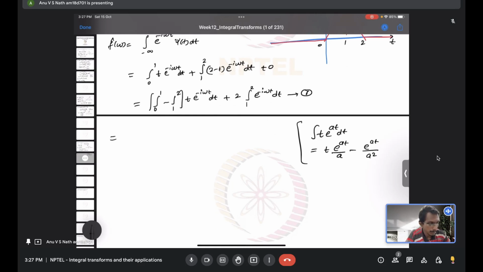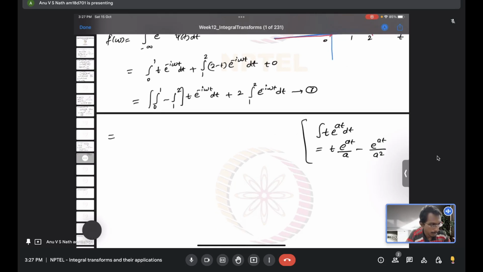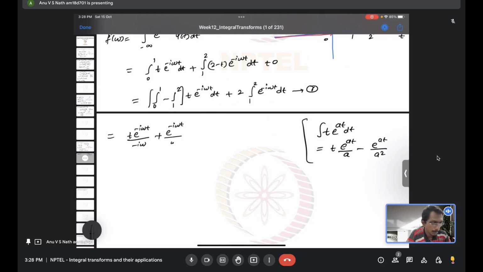What we will find is that we have to apply t e raised to minus i omega t by minus i omega, then minus e raised to minus i omega t by minus i omega the whole square, which is i omega the whole square, which is minus omega square.